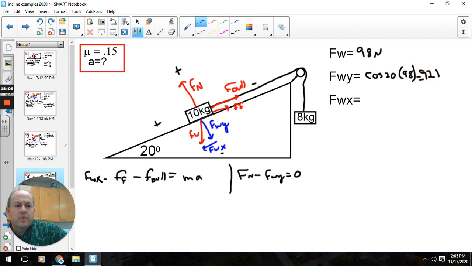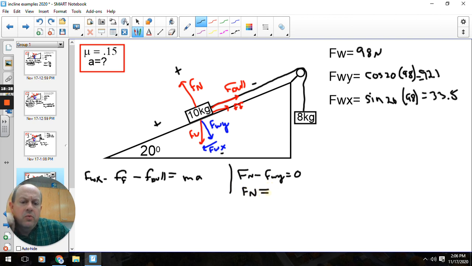Okay, and then our force weight X would be sine 20 times 98, and that's going to give us a value of 33.5. Okay, so let's put some numbers in. So force normal equals force weight Y, which equals, in this case, 92.1.